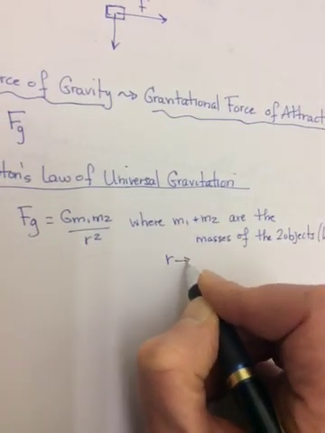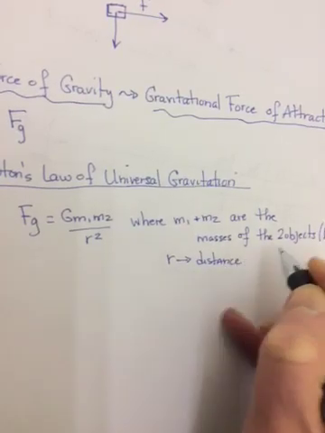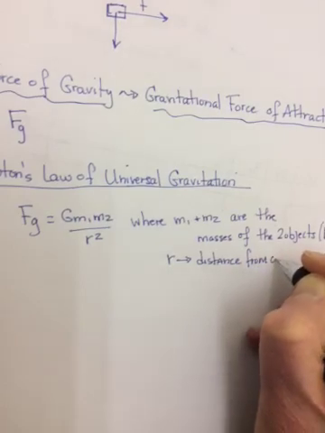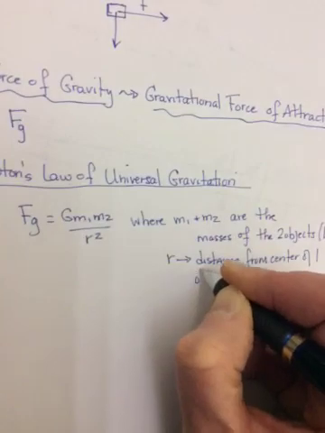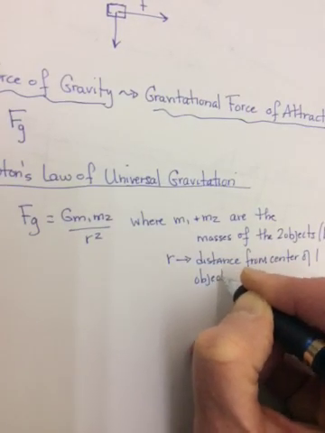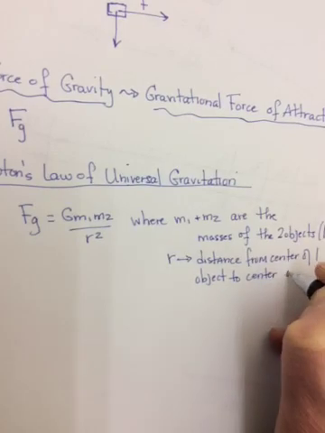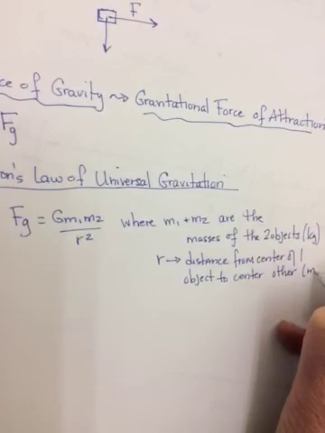R is the distance from the center of one object to the center of the other, measured, of course, in meters.